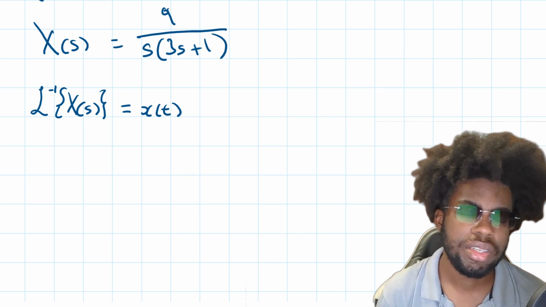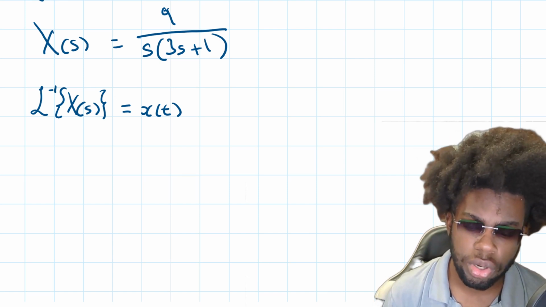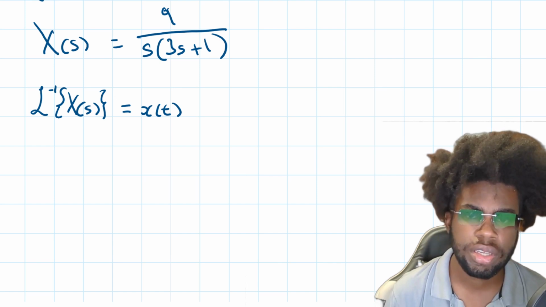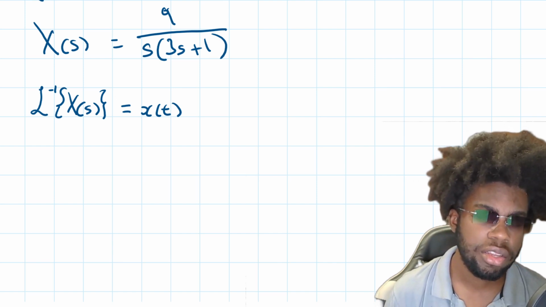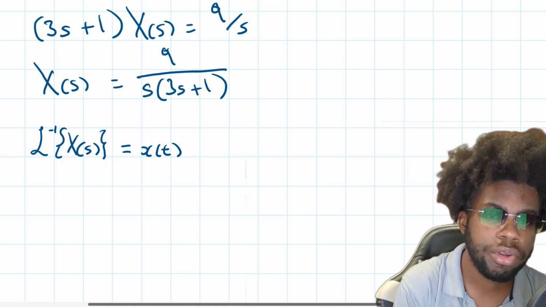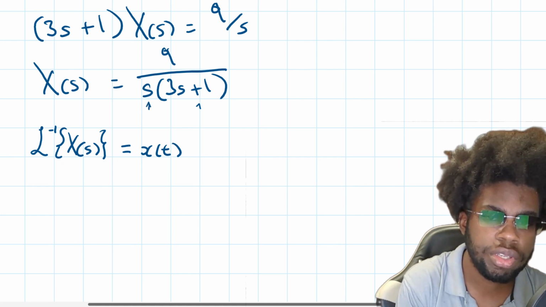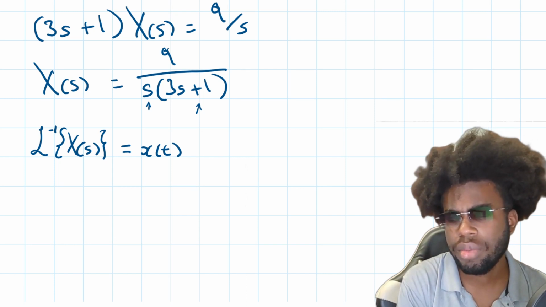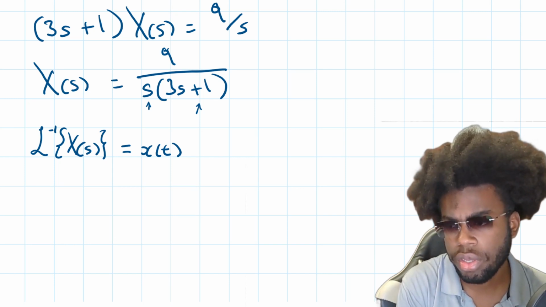Looking at this isn't quite giving us what we want, as we have something of a quadratic in terms of s in the denominator. What we can attempt to do is to separate these two terms into two individual fractions, which will give us something looking a little bit more like what we're looking for.